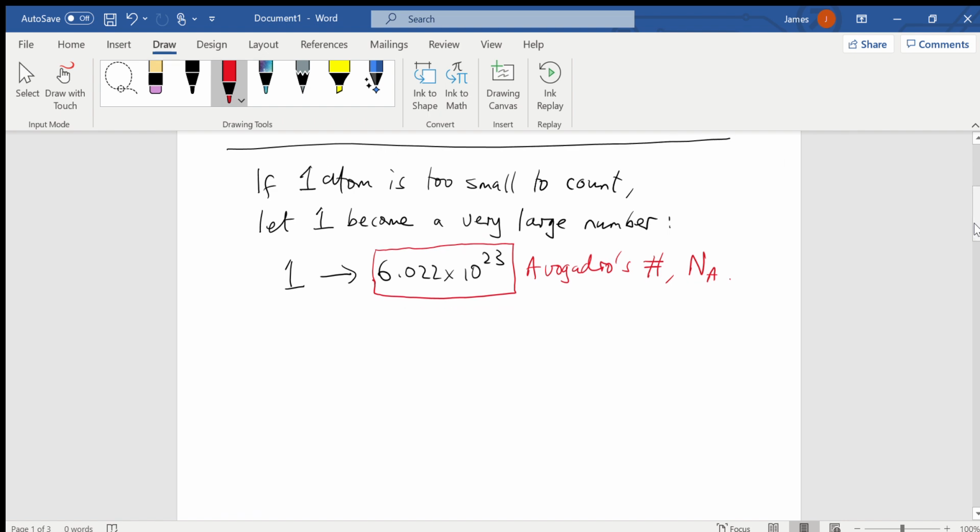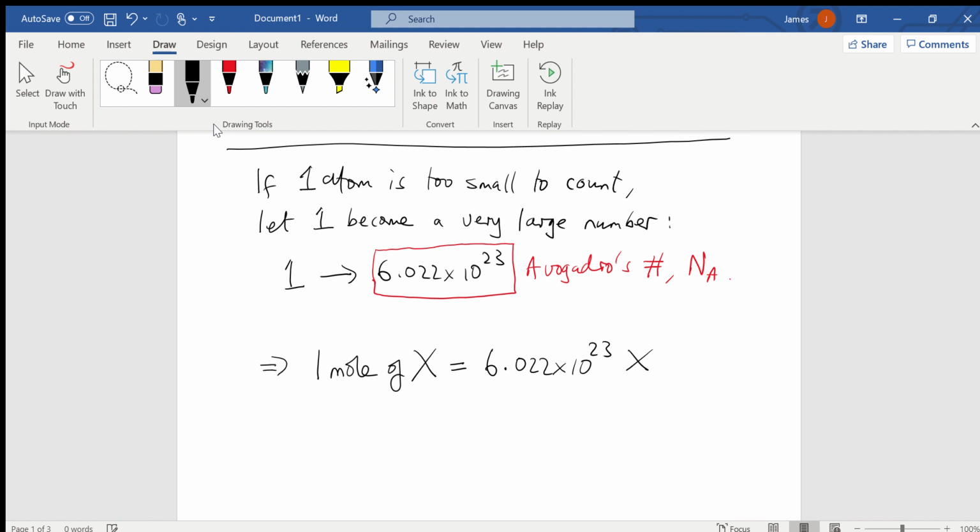Okay, so we've got a new definition. So we said that let 1 become a large number. So we know that 1 mole of X by definition is Avogadro's number of X. So we just made 1, we've replaced 1 with Avogadro's number, and we remind ourselves we've done that by writing the word mole.